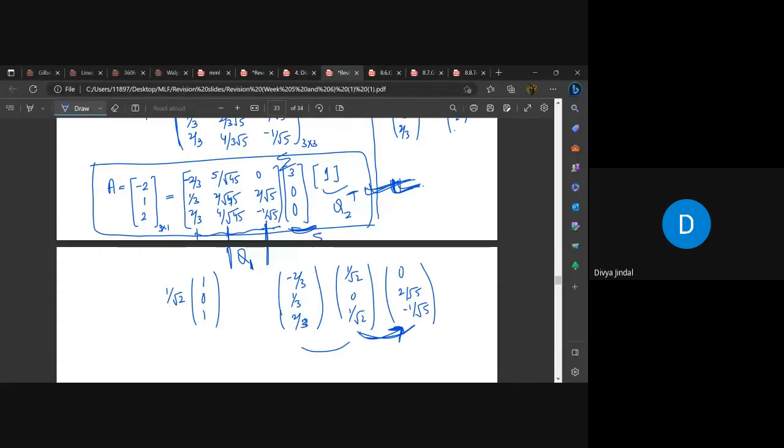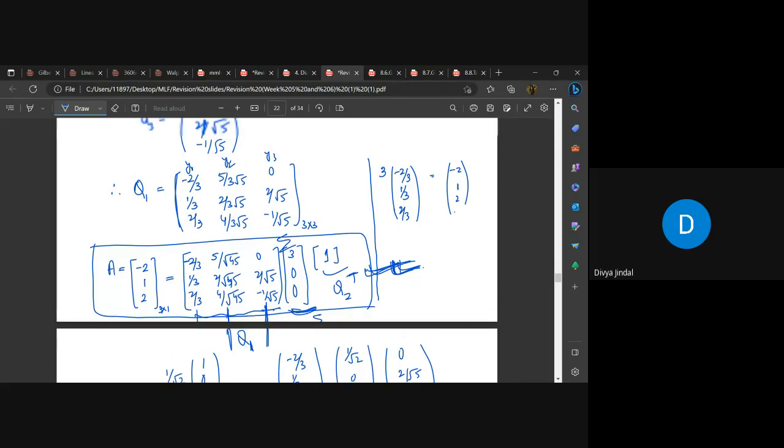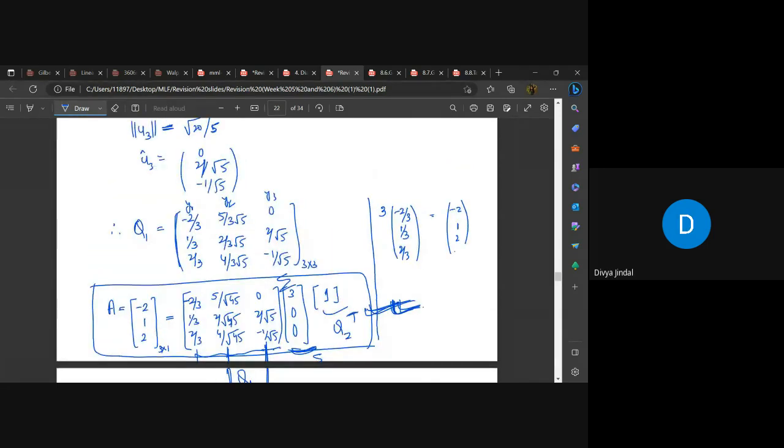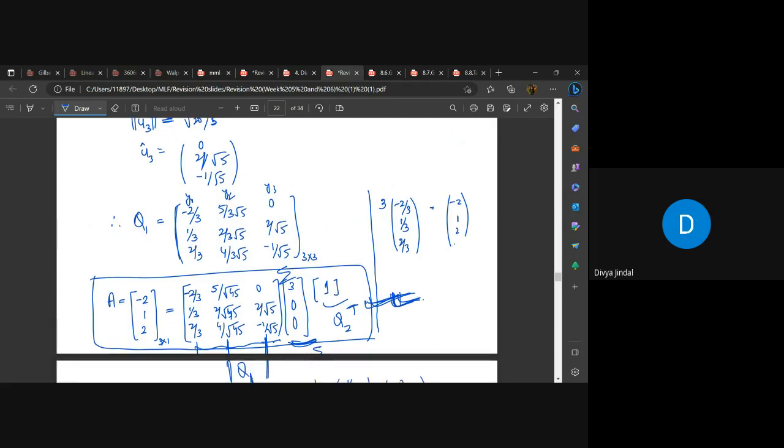In this case Q2 is a single value matrix, but that may not always be true. Q1 and Q2 should be orthogonal matrices, and the center matrix should be a diagonal matrix, with the values on its diagonal.